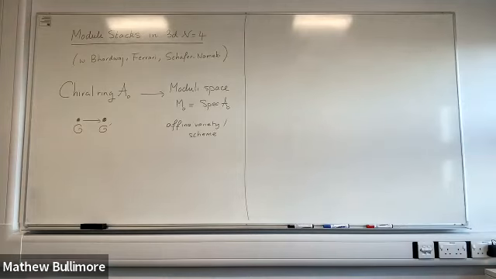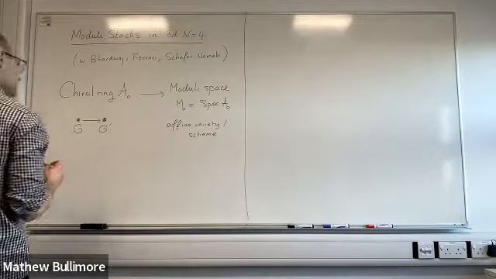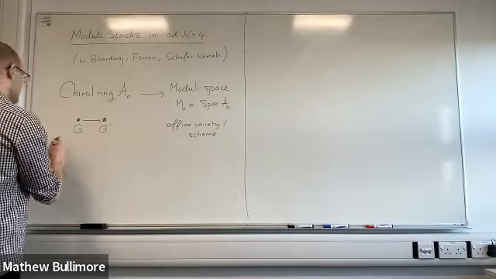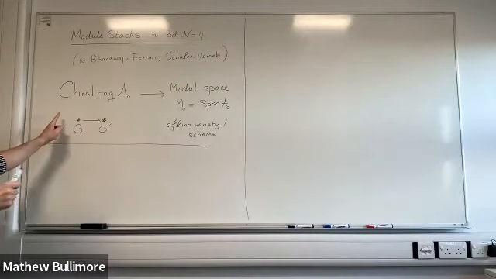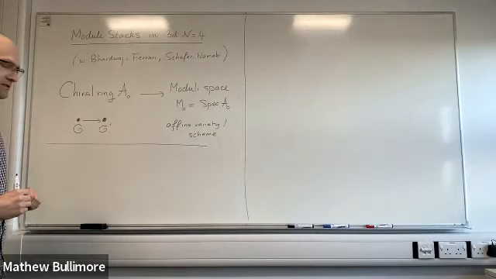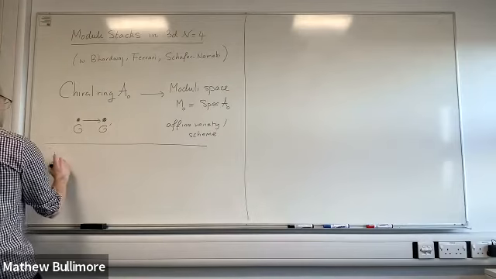Okay, so what do I want to do today? Well, I want to enhance this to discuss not just local operators, but local operators that sit at the end of line defects.